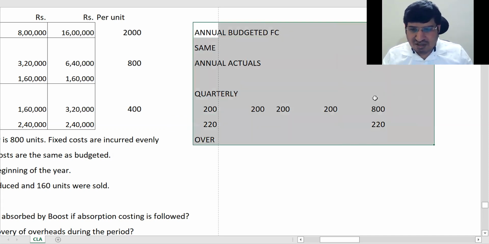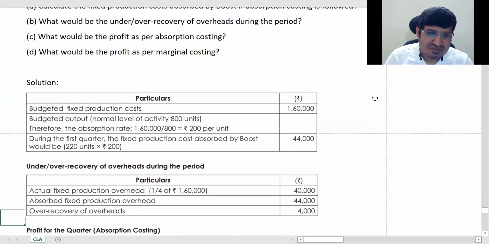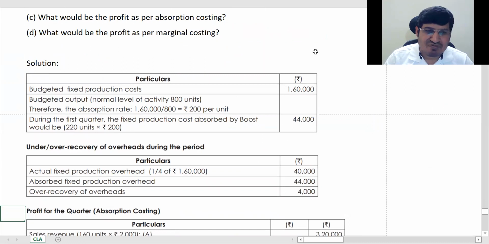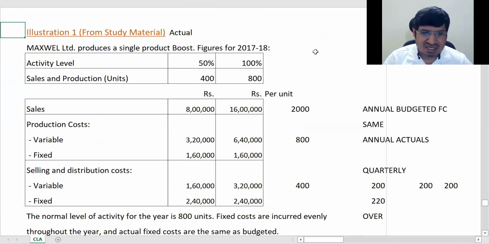चलो इसको निकाल देंगे। अच्छा, सबसे पहले बजटेड फिक्स्ड प्रोडक्शन कॉस्ट 1,60,000, ठीक है, साल भर का आपका है 1,60,000, करेक्ट। फिक्स्ड प्रोडक्शन कॉस्ट इज 1,60,000, okay?